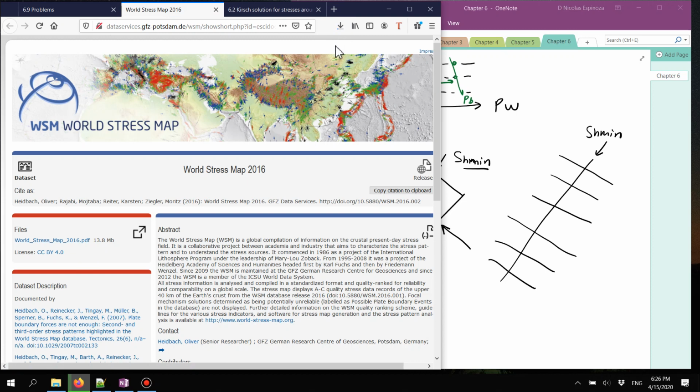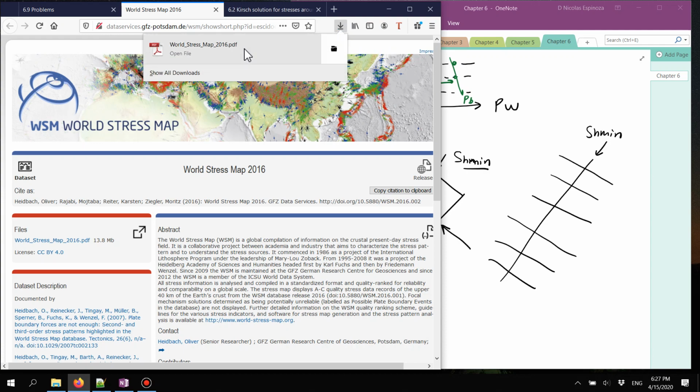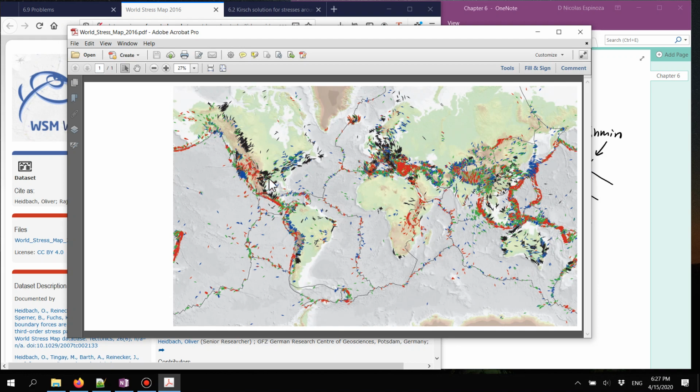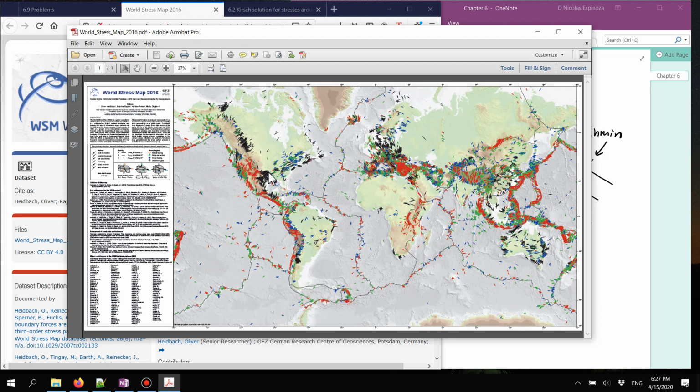And after you finish downloading that map, I'm asking you to zoom into the state of Texas and specifically a region close to Dallas, and to figure out from that map what is the state of stress and the orientation of stresses in that location.